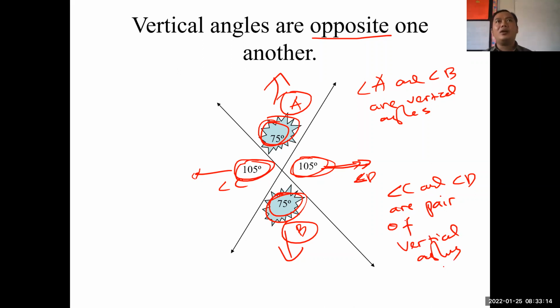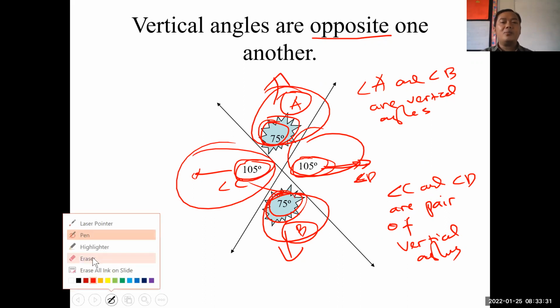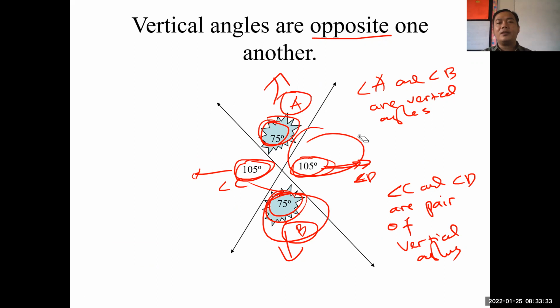Ya, jadi pokoknya kalau kalian lihat dia bertolak belakang gitu ya, dua garis. If you see two lines intersect and they will make like four angles ya. Ada empat angles nih yang dibentuk. Tapi kalau kita ngomongin vertical angles, specifically yang berpasangan adalah yang berlawanan arah.